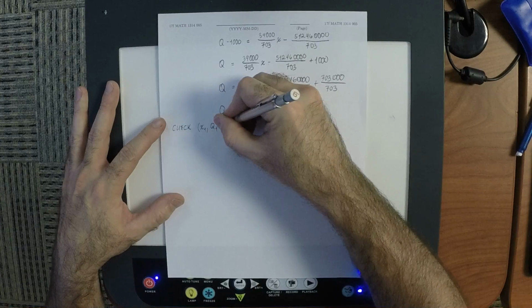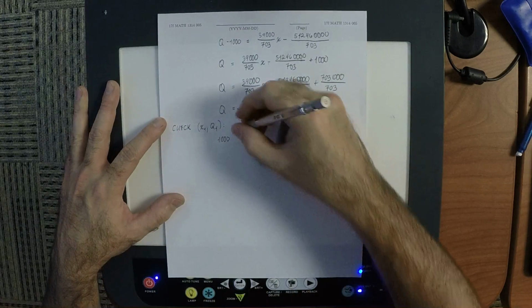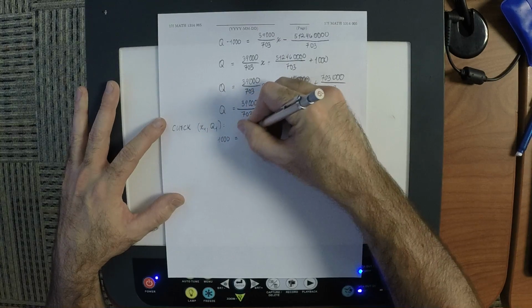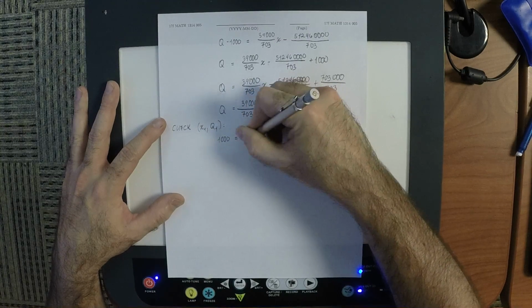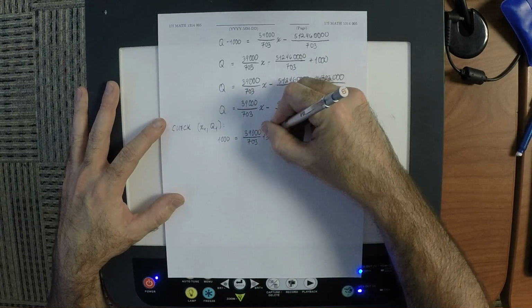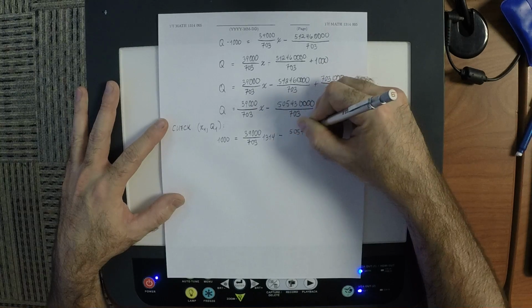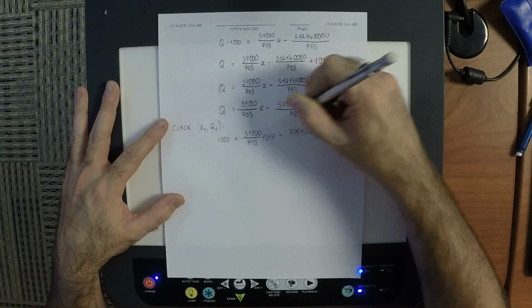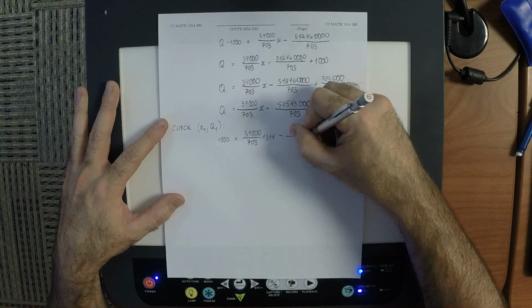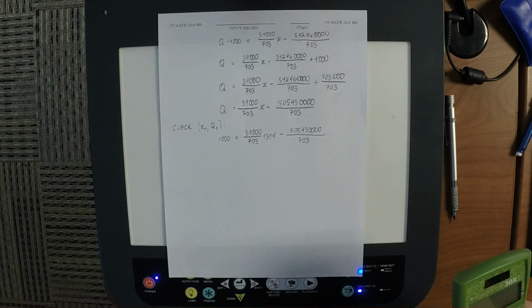So the question is, if we substitute 1,000 for q and 1314 for x, is the equation true? Well, that sounds like a job for the calculator.